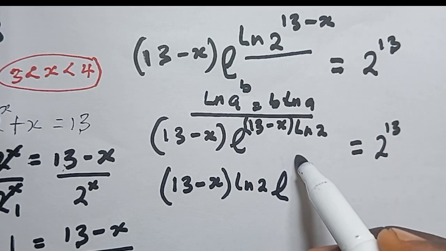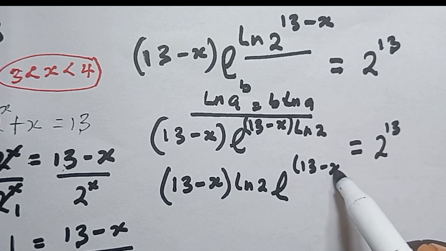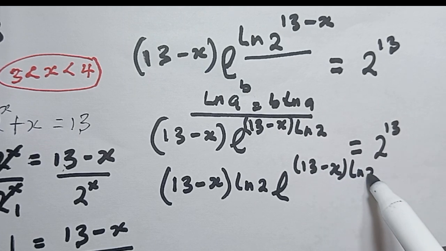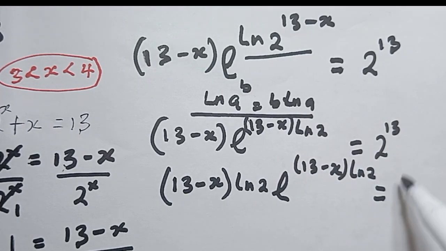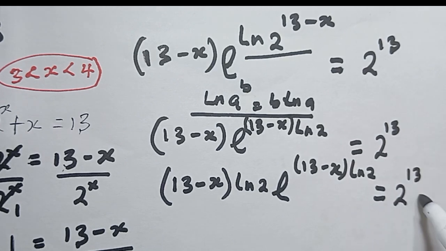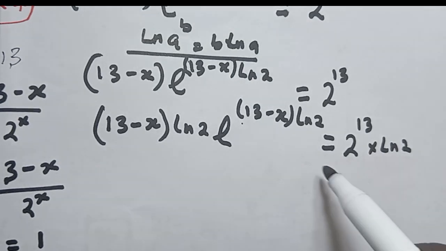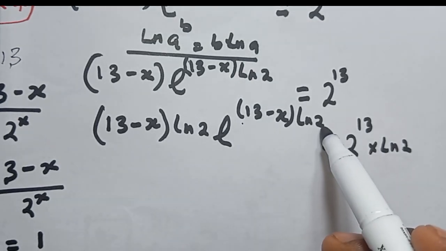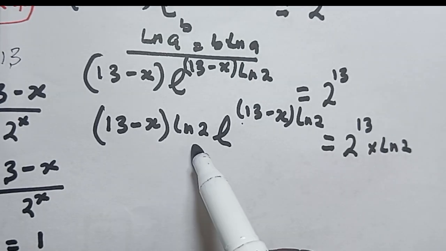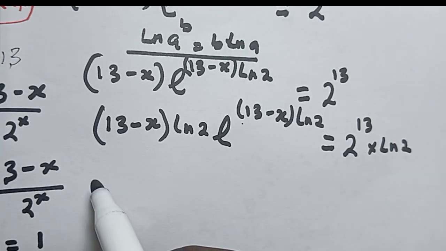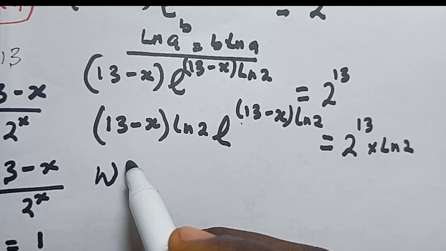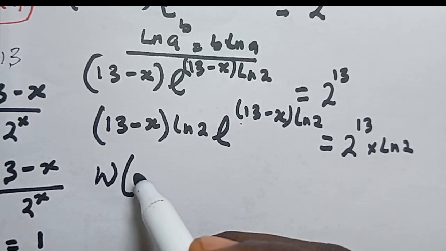Exponential 13 minus x multiplied by the natural log of 2 is equal to 2 power 13 multiplied by the natural log of 2. And obviously you can see that what I have at the exponent here is the same as what I have at the base here, so I can go ahead and apply the Lambert W function.